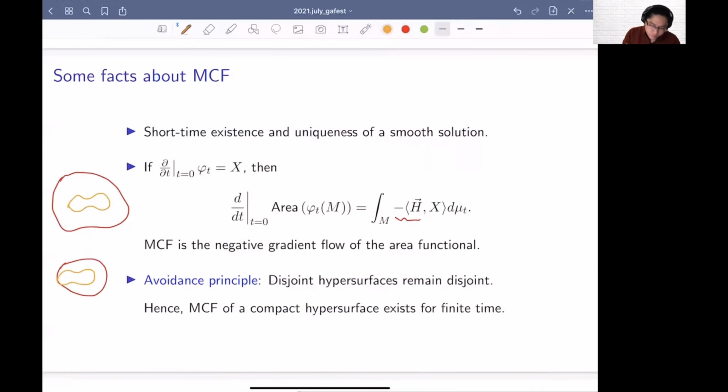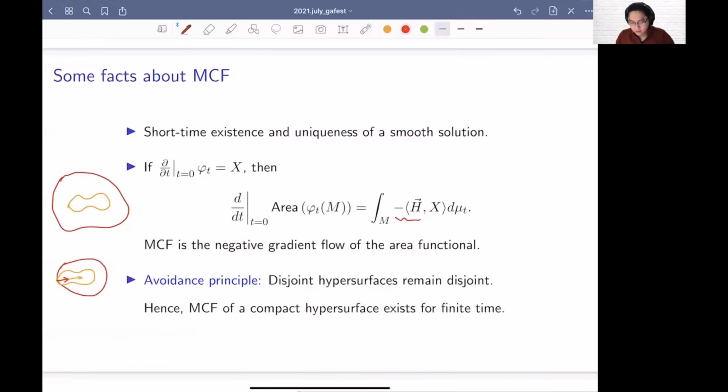Now, at the point where they touch, we can see the mean curvature vector of the orange curve has a larger length than that for the red curve. Then this is telling us that we have something that's moving slow, but it's catching up to something that's moving fast. That's not possible. Okay, so that's the idea behind the avoidance principle.